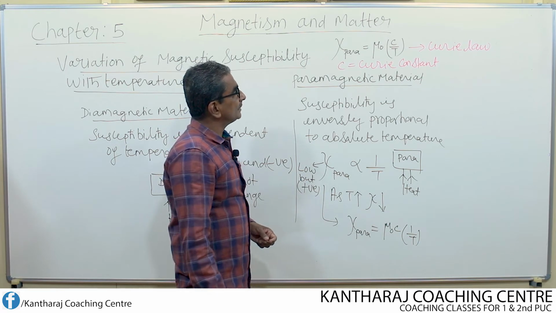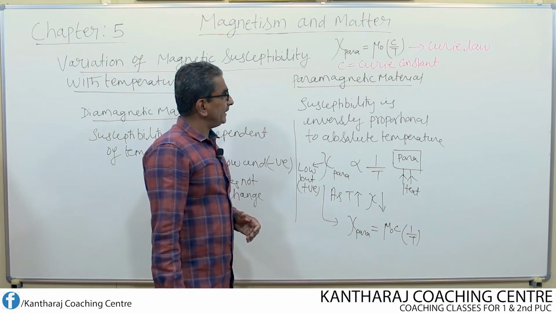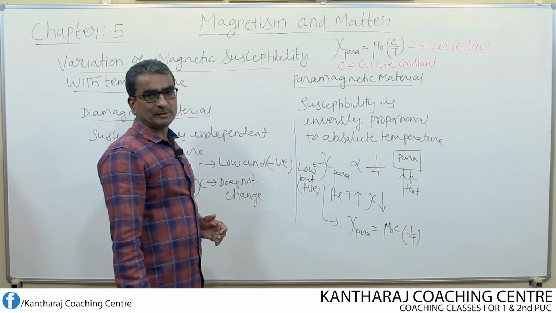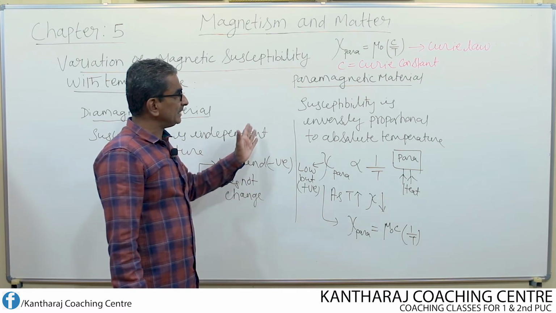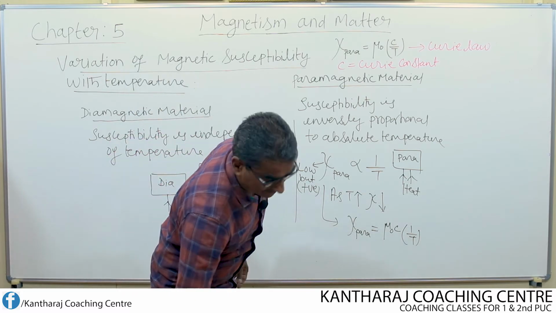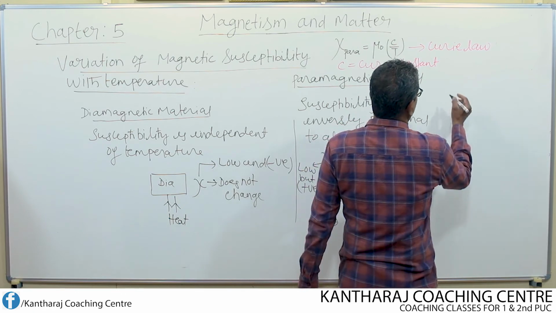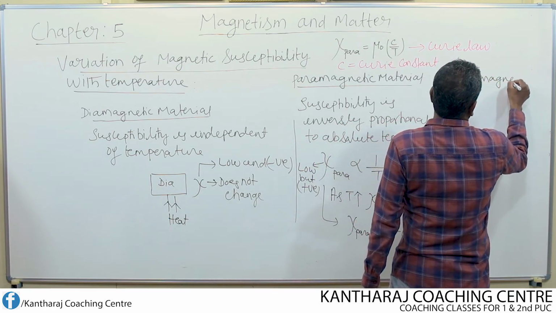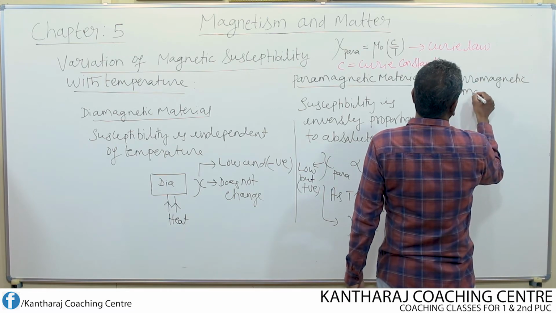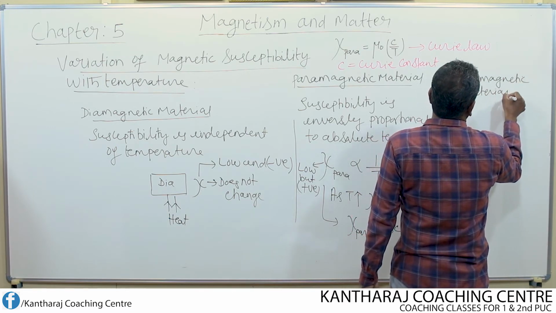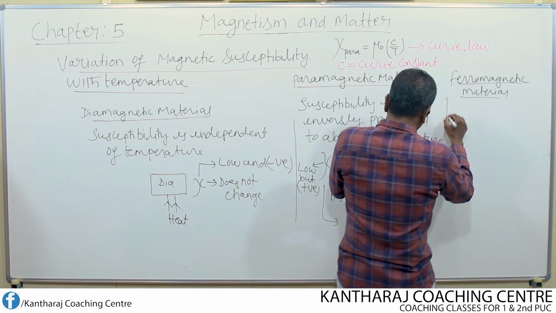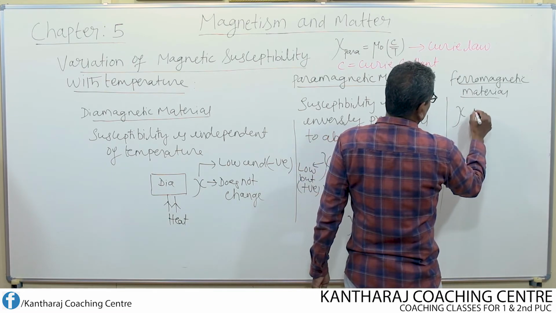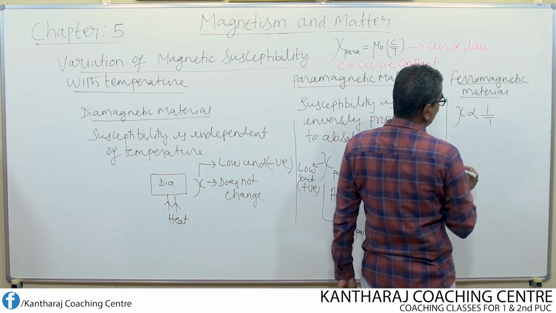Then coming to the variation of susceptibility with temperature in case of ferromagnetic material. Let us know what happens in case of ferromagnetic material. In case of ferromagnetic material, once again, it is found that susceptibility varies inversely with absolute temperature.